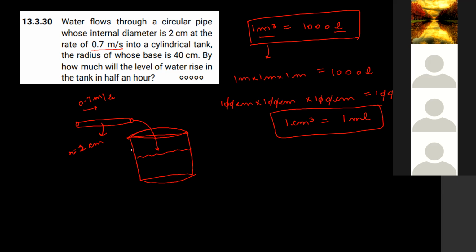Yeah, so we have the speed and we have the time. Okay, so that will be the distance. That means the distance of the pipe is that particular number, 0.7 into 30 into 60.